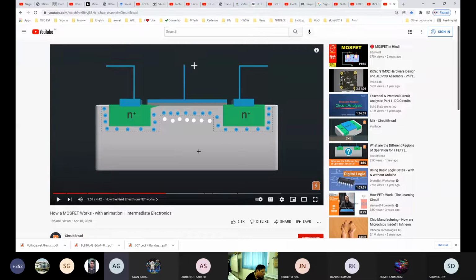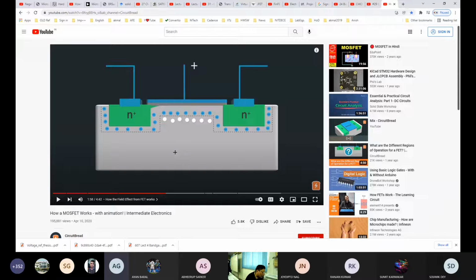This is a p-type material, so in a p-type material, holes are there. So you are driving the holes out of this interface, this region. Now, if you apply a sufficiently high potential at the gate, with respect to source and the body, then what will happen?